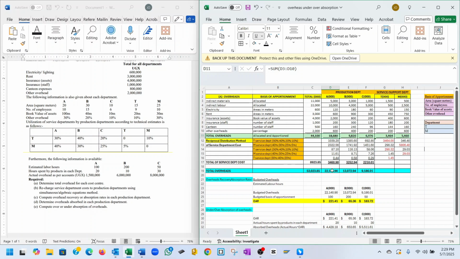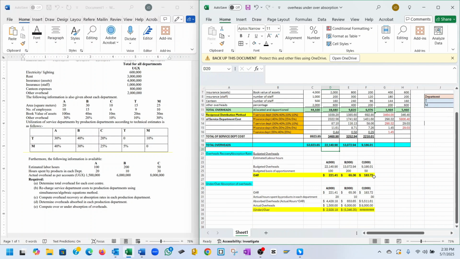So that is going to be the addition of the total of service department cost and the actual overheads. And for department A, we are going to get 22,040.90, and B is 13,072.94, and C is 9,186.01. I hope you get it.